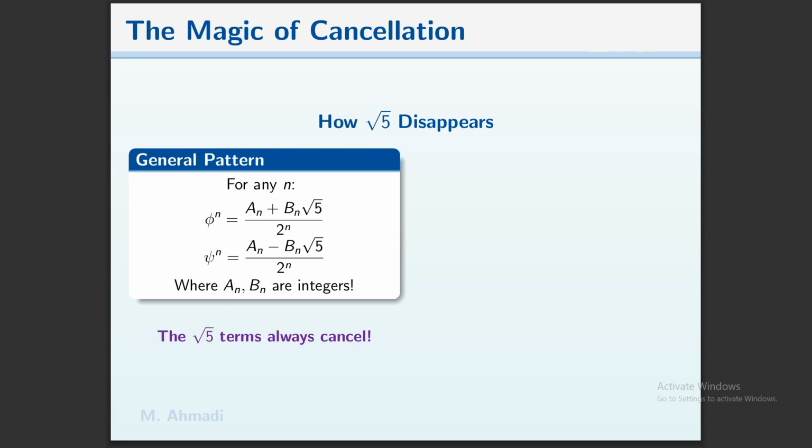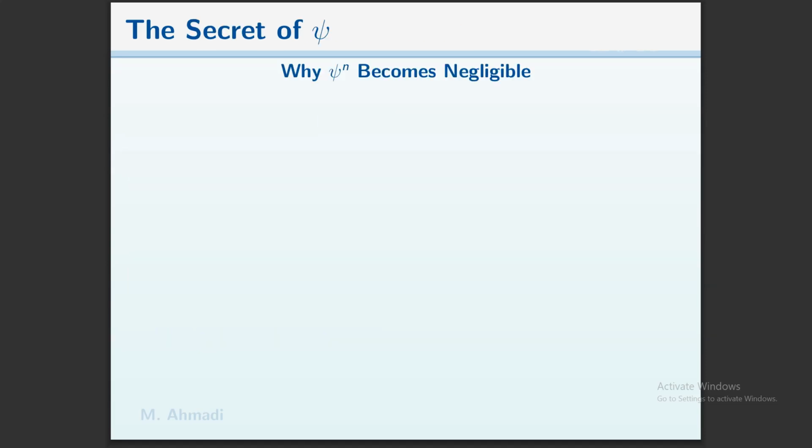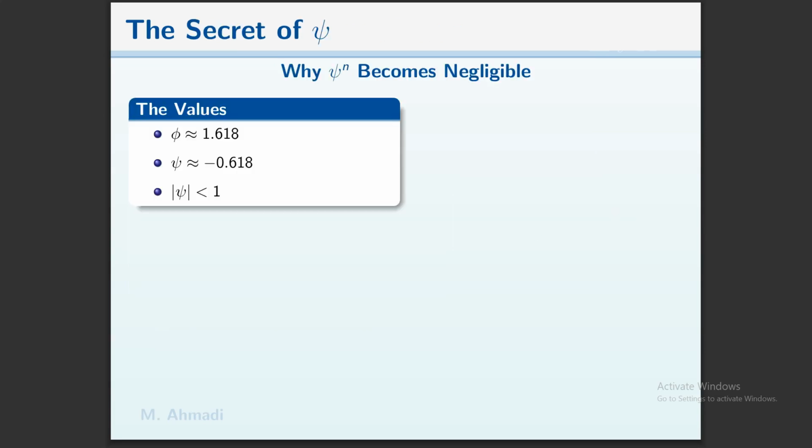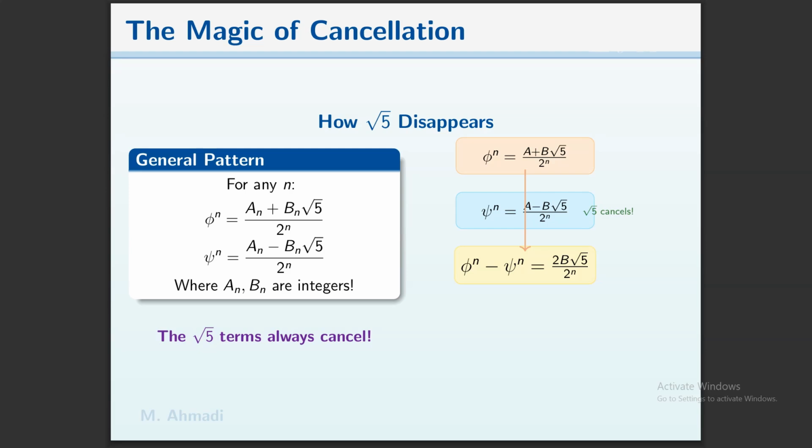So the square root of 5 terms always cancel. Here we have phi to the n minus psi to the n equals 2 b_n times square root of 5 over 2 to the n. And yes, the square root of 5 cancels each other, so the result is an integer.